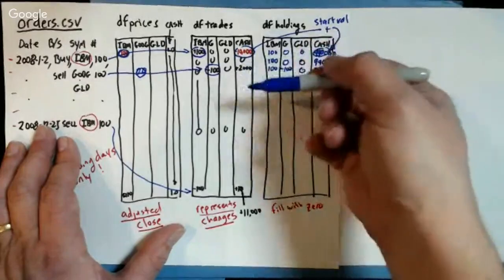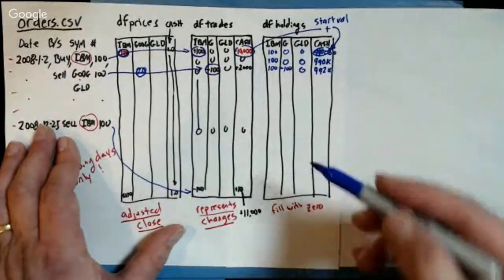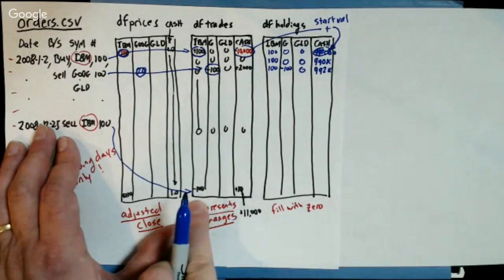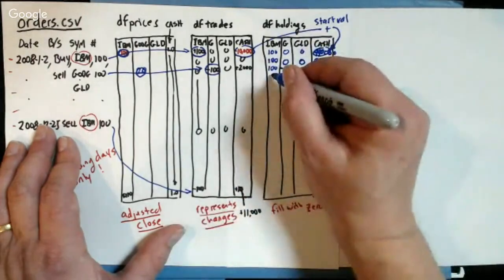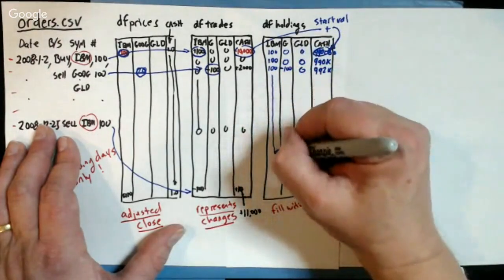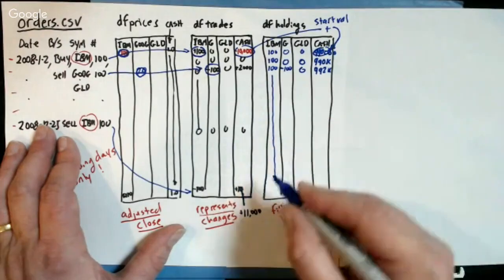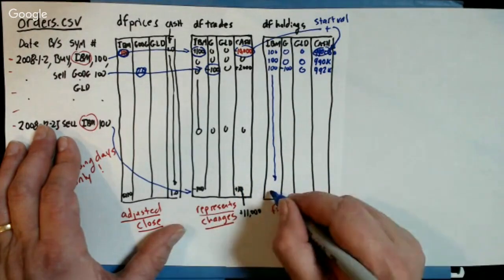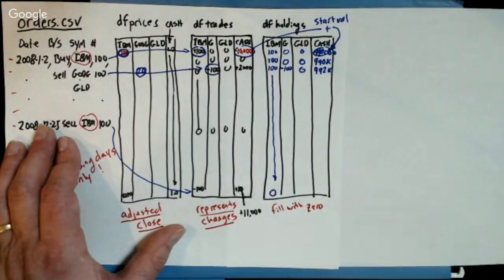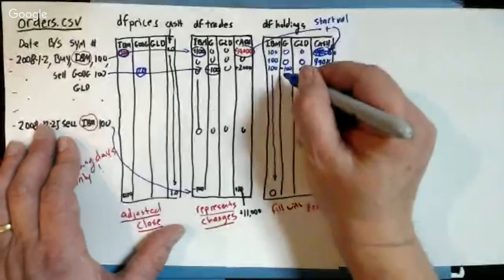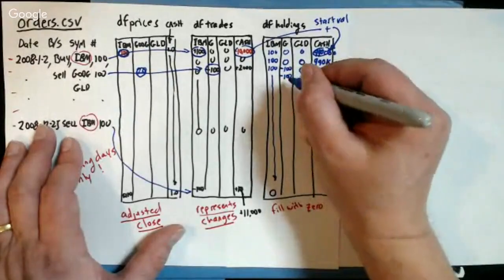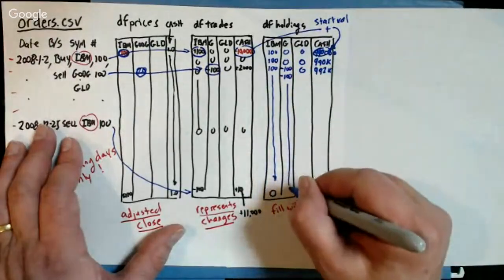We just continue step by step all the way to the last row. And on this last row, this remains 100 for IBM. There's no other IBM trades until this last row when we sell 100. So we end up with 0 IBM on that last day. We never exited Google, so we'll have negative 100 shares all the way to the end.